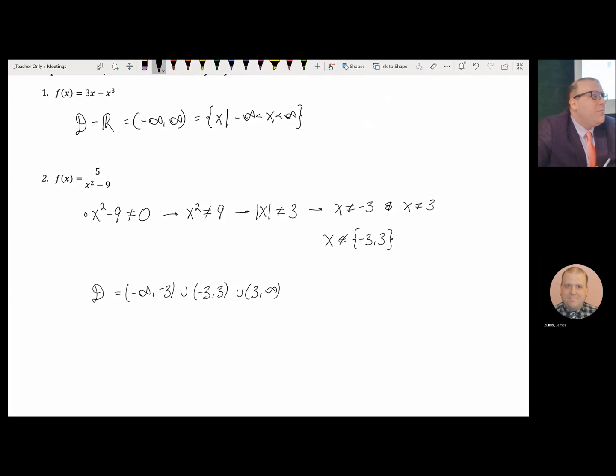So it's everything but plus or minus 3. Set builder: the set of all x such that the absolute value of x is not equal to 3. They mean the same thing.